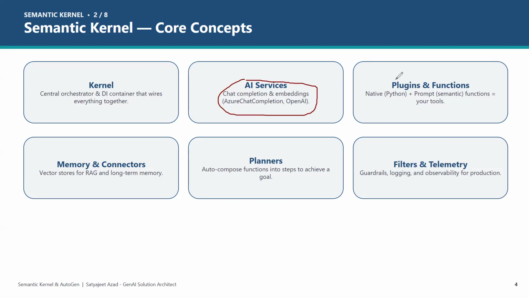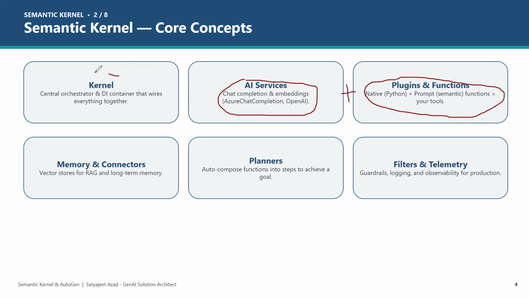Then we have something called plugins. Plugins and functions are the specialized tools. Prompts are where you write semantic prompts. I'll show you how you typically write semantic prompts. So plugins plus functions, you consider as a tool because we're extending the LLM with tools. Both together.